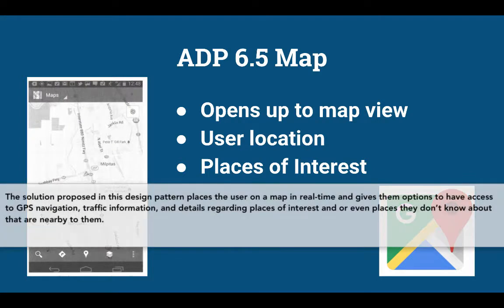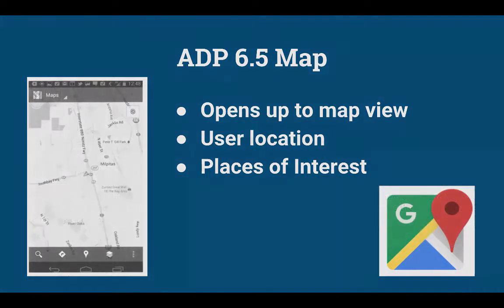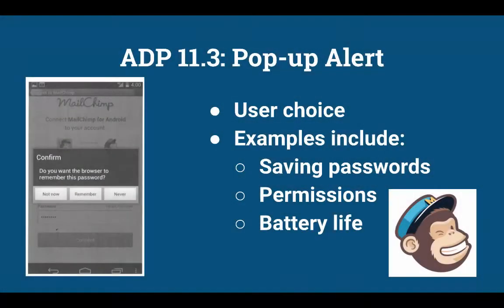The solution proposed in this design pattern places the user on a map in real time and gives them options to have access to GPS navigation, traffic information, and details regarding places of interest and even places they don't know about that are nearby.